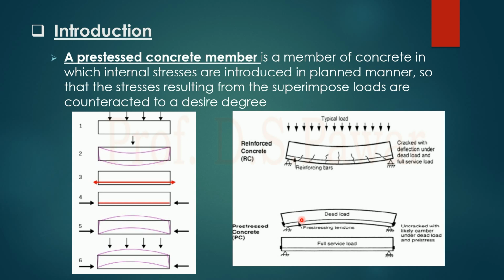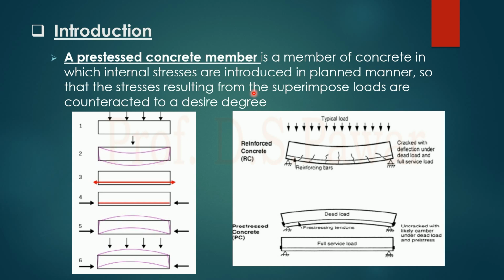In the introduction, first we are going to see what is meant by a prestressed concrete member. A member of concrete in which internal stresses are introduced in a planned manner so that the stresses resulting from the superimposed loads are counteracted to a desired degree.